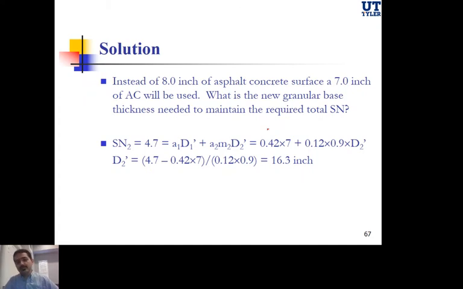What should we do? If that's the case, then the new design, the granular base layer underneath it, should be changed to maintain the required structural number.